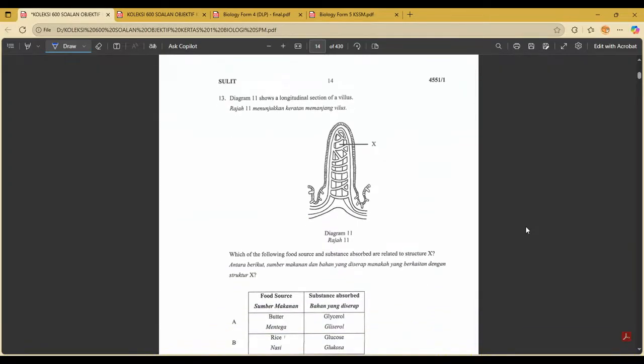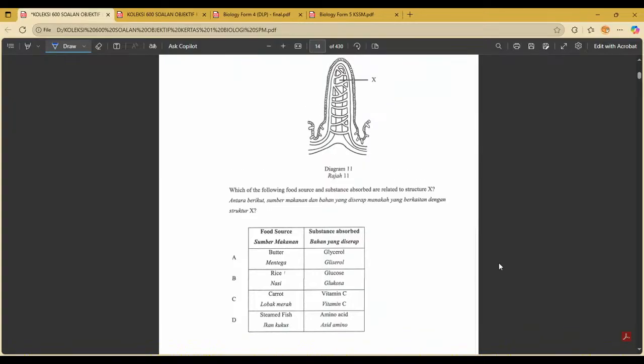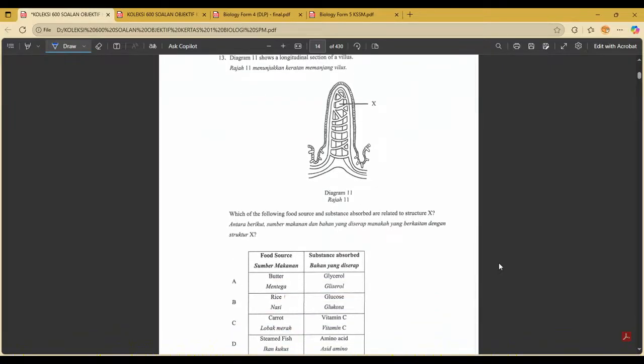Diagram 11 shows a longitudinal section of a villus. Which of the following food stores and substance absorbed are related to structure X? I don't remember. It's fats, right?